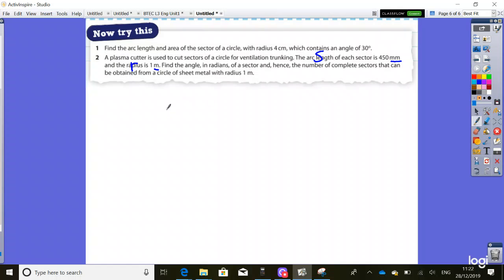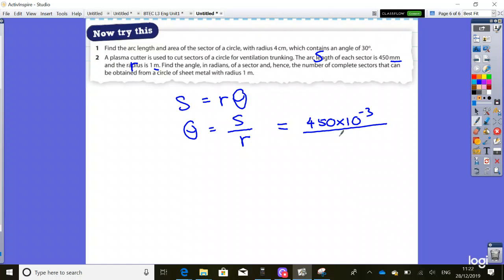Let's try this out. I'm given S and r, so I can find the angle. S equals r times theta, so theta is equal to S over r. S is 450 millimetres, so I convert by times 10 to the power minus 3, over 1 metre, and that will give me the angle theta.